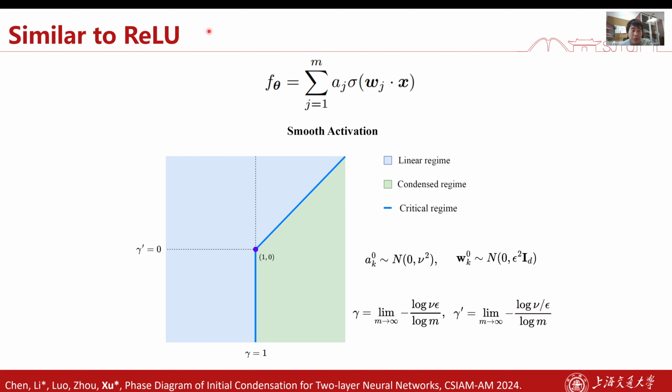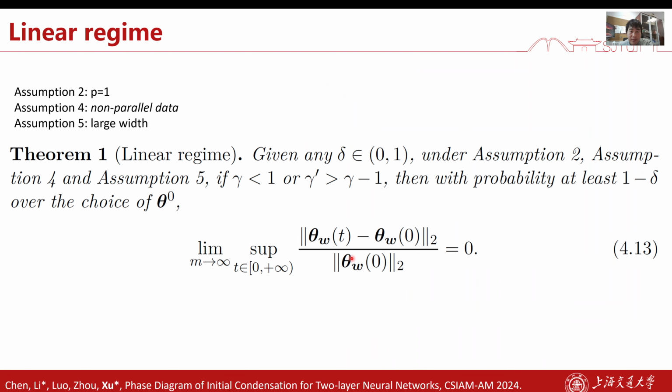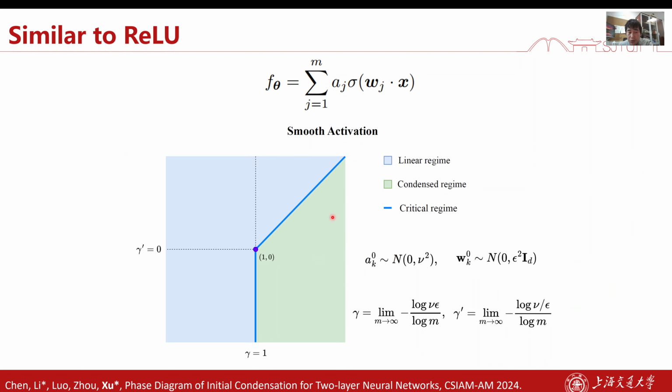Similarly to the ReLU activation function, if we study an activation function such as tanh, we can have a similar phase diagram, and we can estimate in different regimes. In the regime here, or in the regime on the downside or upside, they have different initial condensation times.